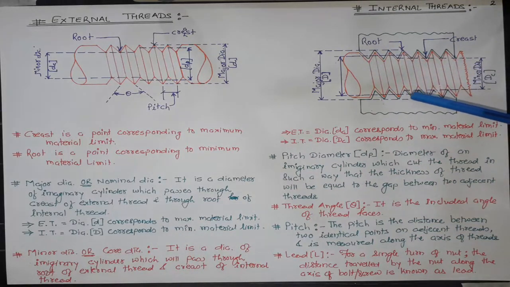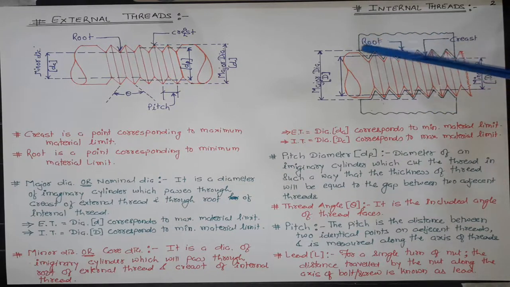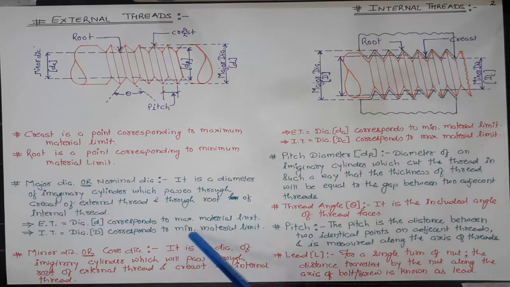Again, I would like to draw your kind attention towards the internal thread, which is represented by this green line and not by this orange line. Here, for an internal thread, the cross-sectional area of an imaginary cylinder passing through the root will have the minimum material limit.